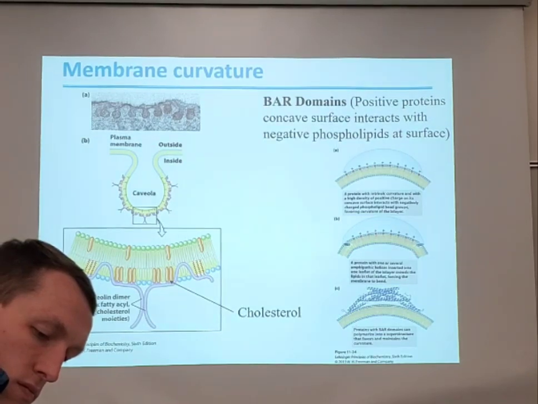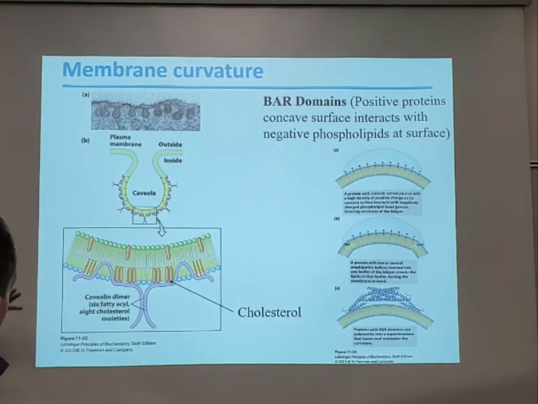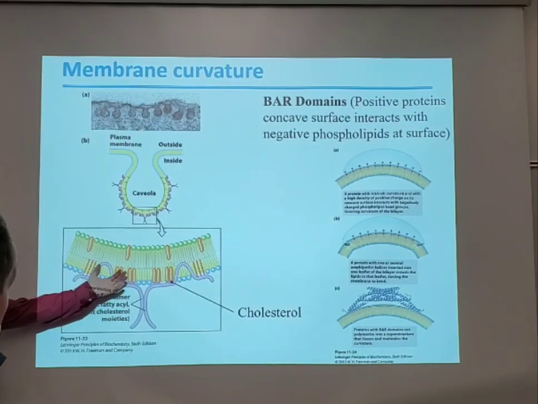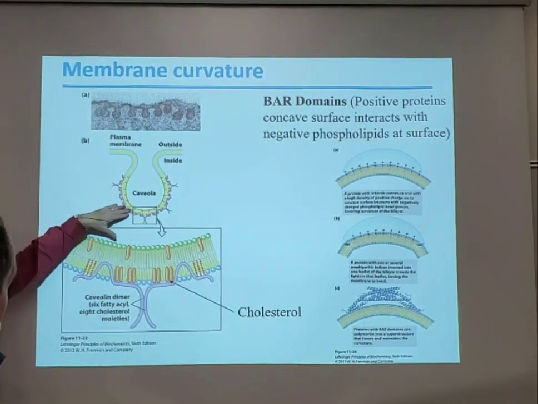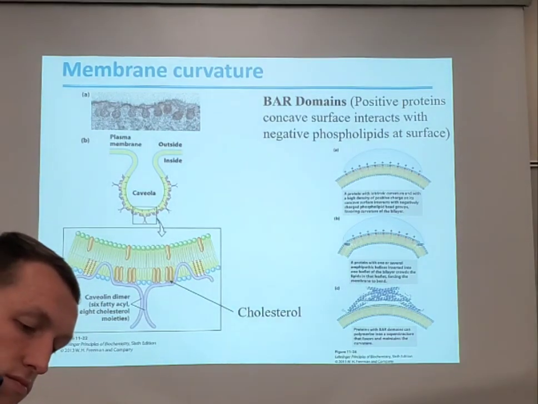We also want specific curvature. To accomplish that, caveolin, I don't know that I ever say it right, is commonly used. You can see this triply acylated, it's got some cholesterol stuck there. But when I piece these together, I can make a pore. I can make this little cavity inside of it where I can start moving material inside and out.